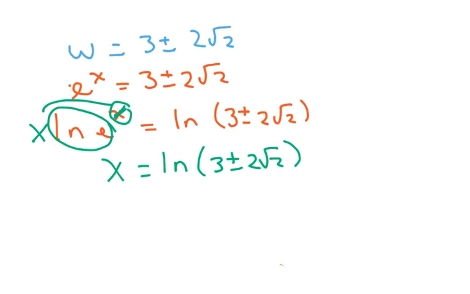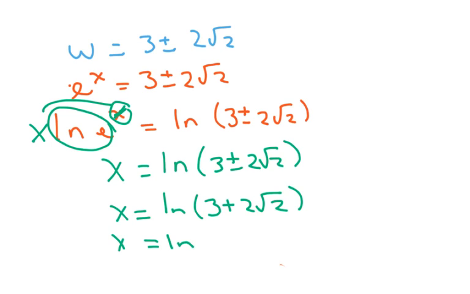So basically the solution set is x equals natural log of 3 plus 2 root 2, and x equals natural log of 3 minus 2 root 2. Now keep in mind that both of these are positive.